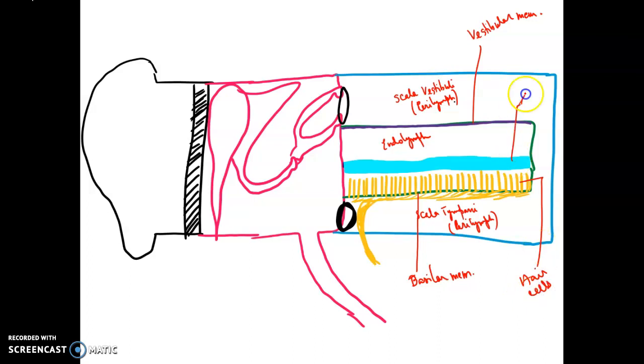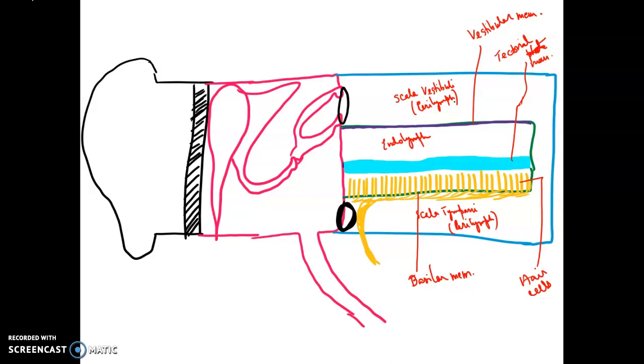And this is called the tectorial plate or tectorial membrane. Let's put tectorial membrane.